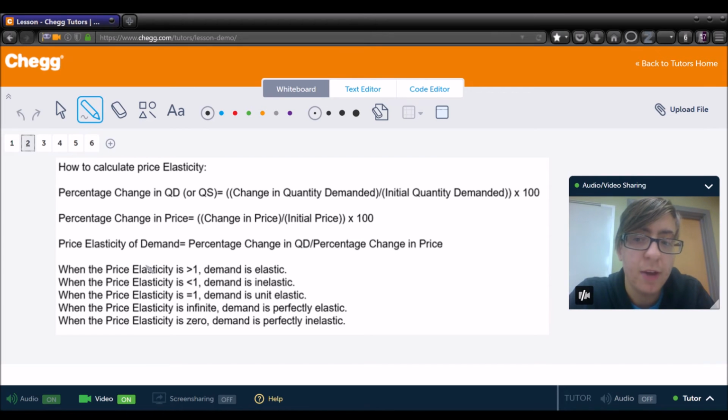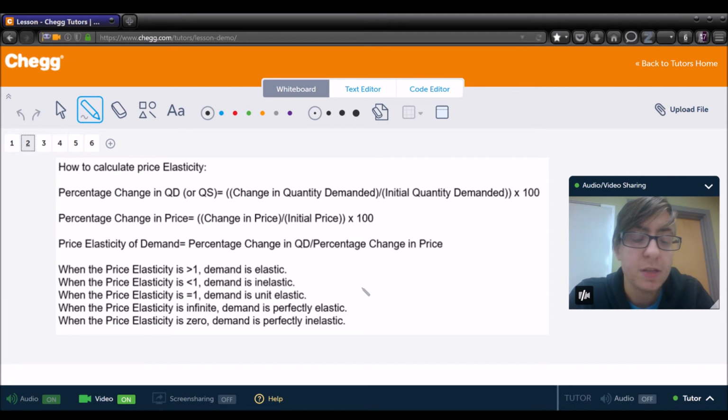Similarly, when you're calculating the percentage change in price, you have the change in price over the initial price and multiply that whole fraction by 100. And then for your price elasticity of demand, you take these two numbers, specifically the percentage change in quantity demanded or quantity supplied, over the percentage change in price.